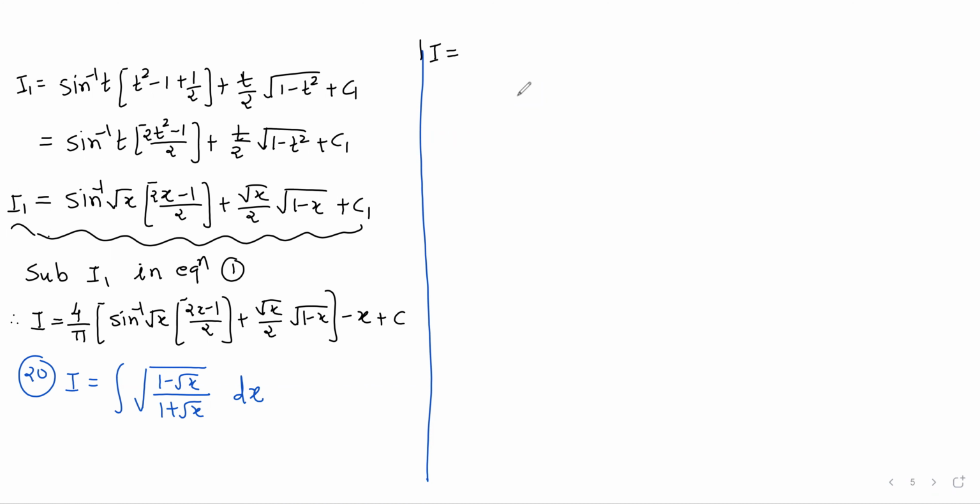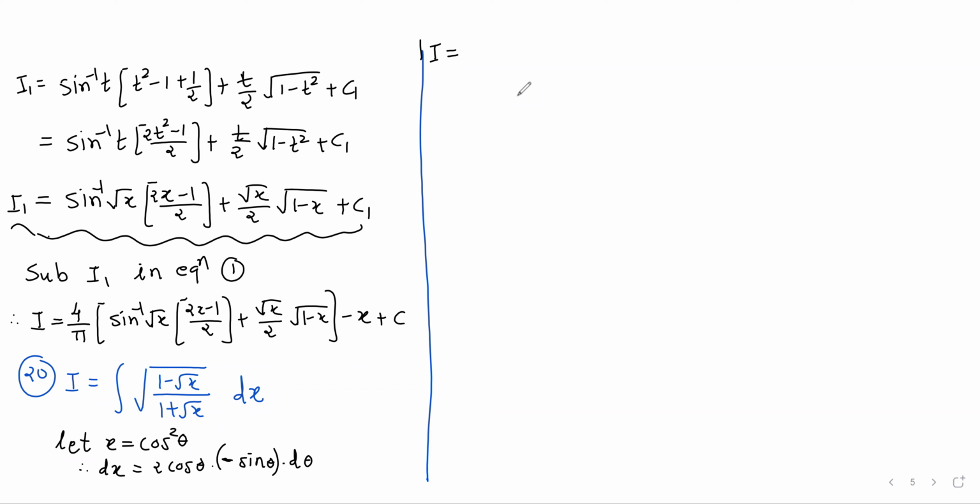Your original formula is 1 minus cos theta upon 1 plus cos theta, it becomes tan square theta by 2. So for that we consider x is equal to cos square theta. Therefore dx is equal to 2 cos theta into minus sin theta d theta. Got it? Okay, now substitute this one.